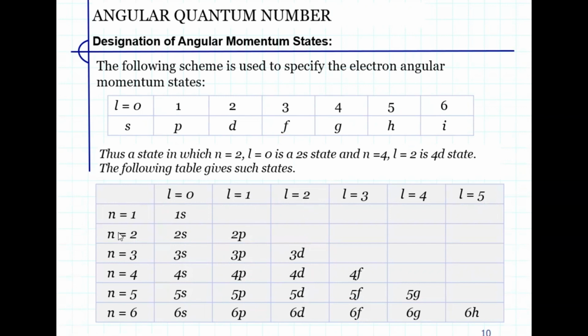We see also that for n is equal to 3, we cannot have l is equal to 3. It will remain less than 3. So S, P, and D are possible. That is, l is equal to 0, 1, 2 are possible for n is equal to 3, and so on. So we can see how the table is filled.